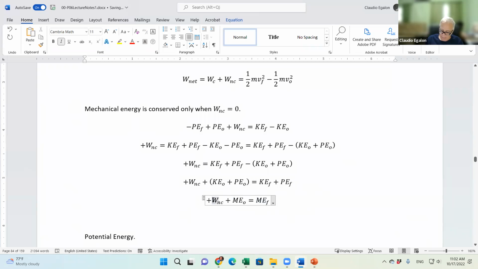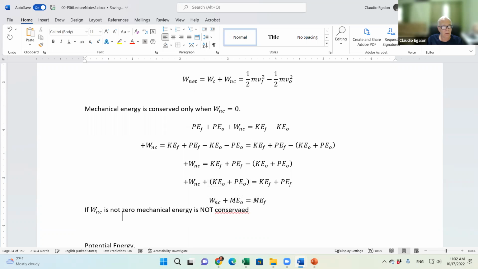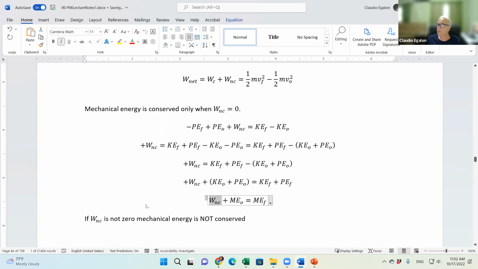Note that if WNC is different from 0, is not 0, mechanical energy is not conserved, right? So we get conservation of mechanical energy only when this term here is equal to 0.